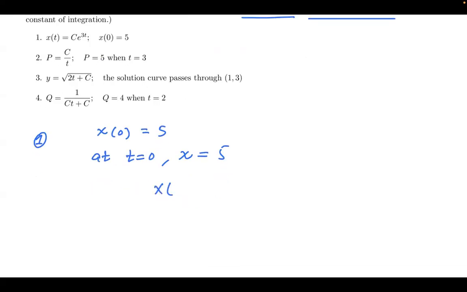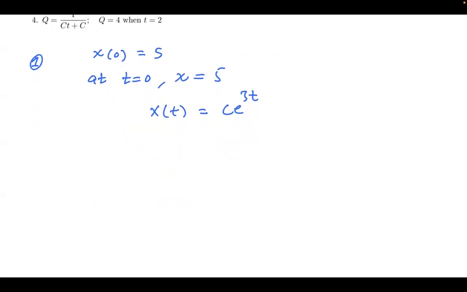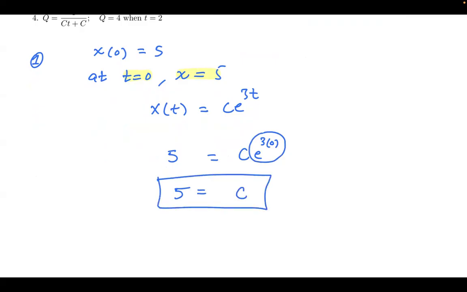You need to put these values into the solution of the differential equation, which is the general solution. So t is equal to 0 and x is equal to 5. So e to the 0 is 1 and c times 1 is c. So the value of c is 5. So the solution is x of t is equal to 5 e to the 3t.